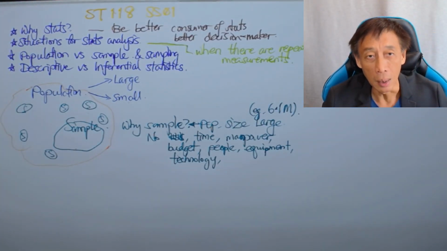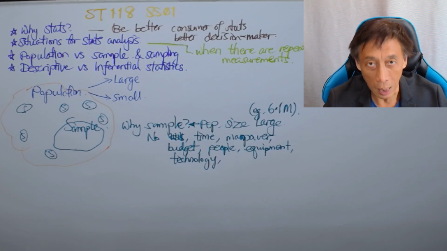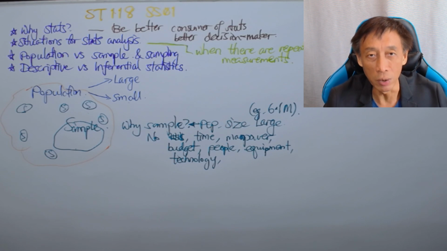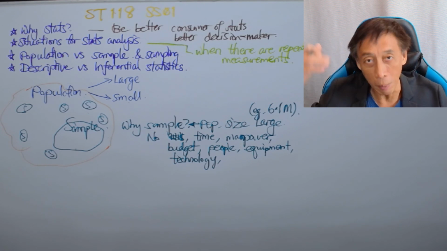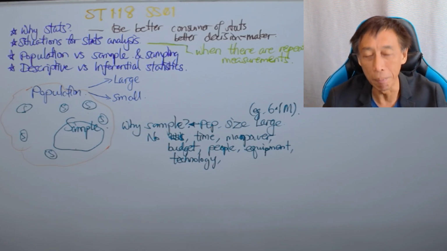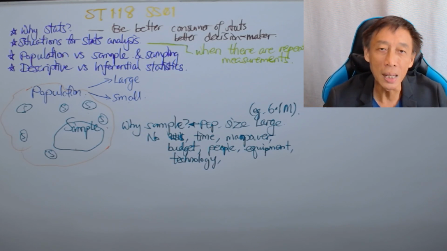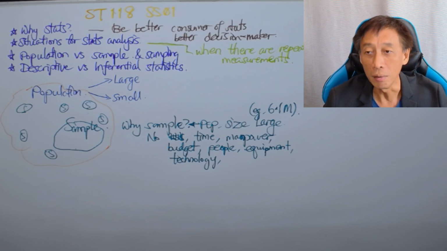Remember, the population we're talking about here is about numbers. The word number I use very liberally. It is data, it is collected information. It's not about people, but rather the measurement of the people. So it can be height, weight, numerical. It can also be favorite sports.